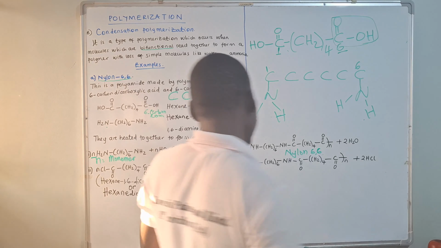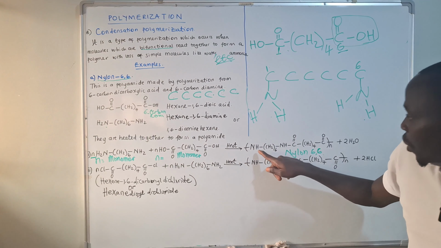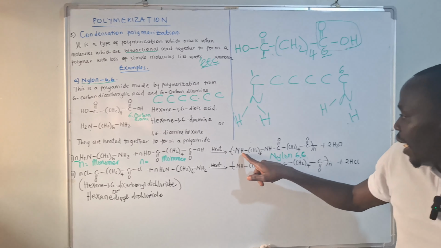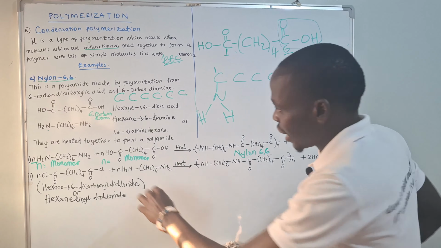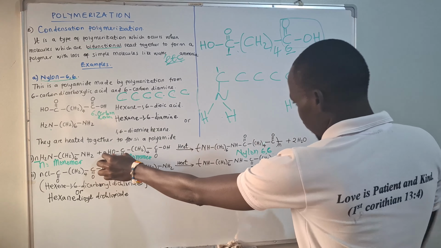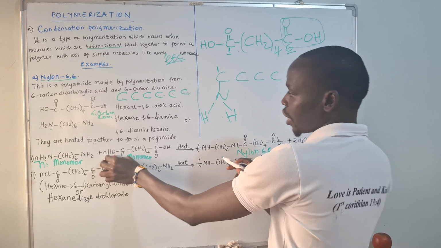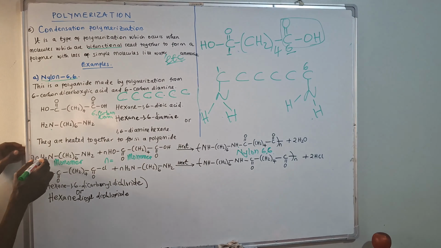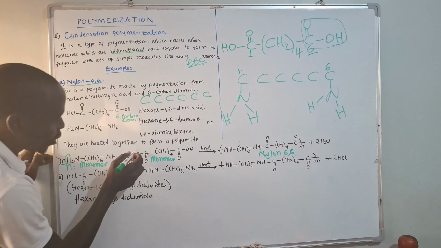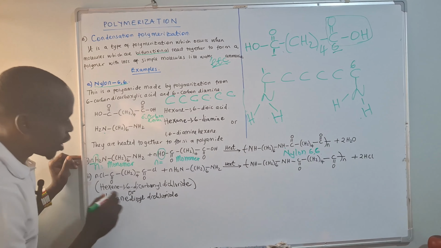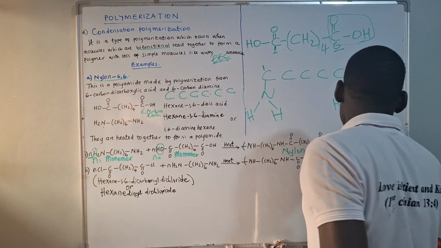So this chemistry here is very simple. What happened here is that you're not seeing another hydrogen. This hydrogen can simply combine with the OH from here. That's why you're seeing here the OH is no longer there. So one of the hydrogen atoms from here will combine with this OH, and this will form for us water molecules.